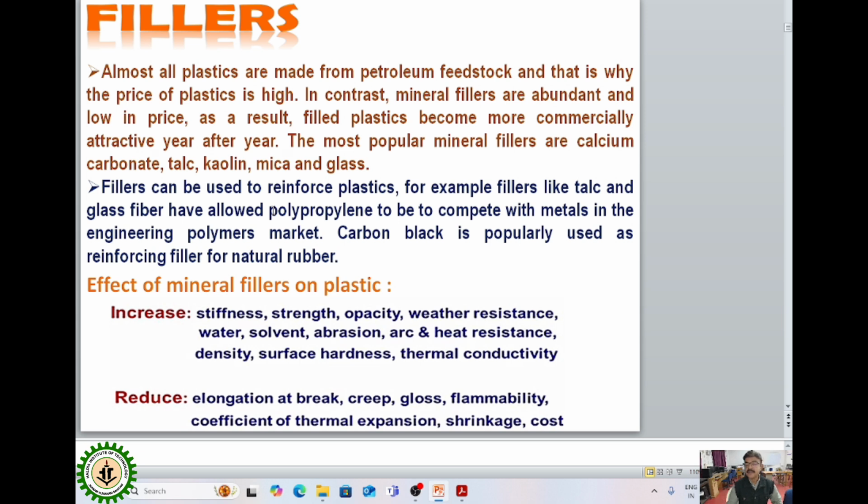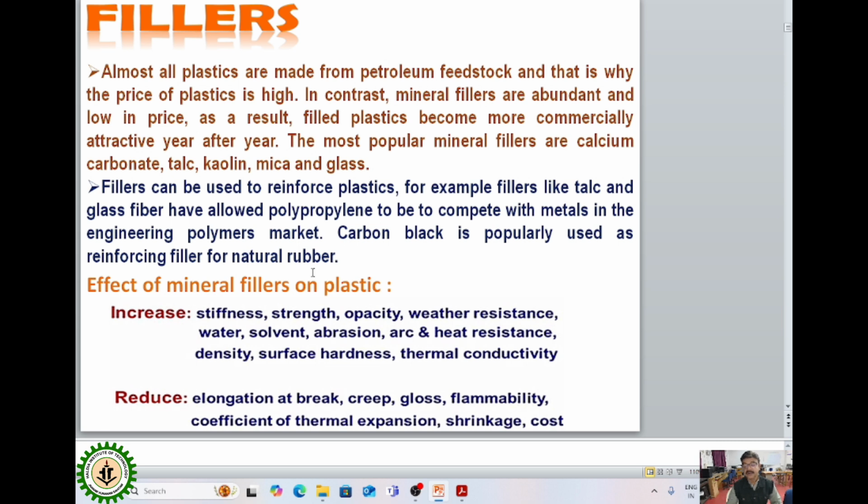But the reinforcing fillers are mainly used to increase properties like tensile strength, stiffness, weather resistance, abrasion resistance, surface hardness, thermal conductivity.